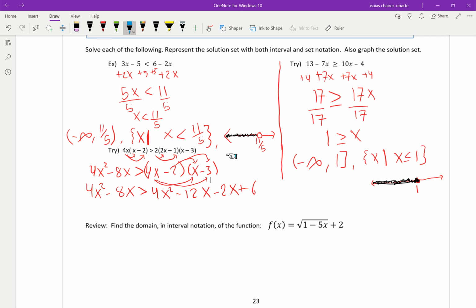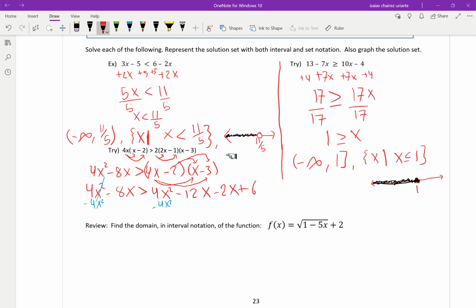Okay, now it's a matter of combining like terms and getting x squares with x squares, x's with x's, and numbers with numbers, and solving for x. So the first thing to notice here is that if I subtract 4x squared, well, then those cancel. That's gone, so that's gone.